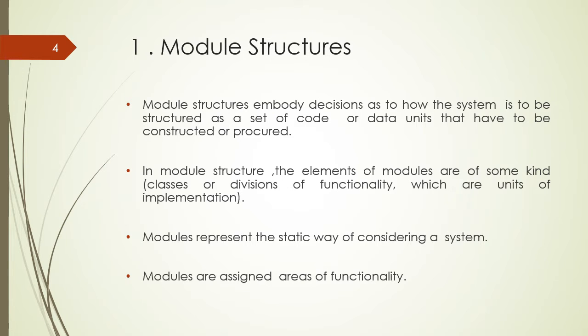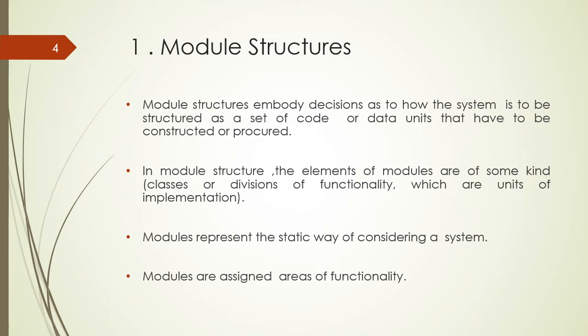First, module structures. Module structures embody decisions as to how the system is to be structured as a set of code or data units that have to be constructed or procured. In module structure, the elements are modules of some kind, like classes or divisions of functionality, which are units of implementation.